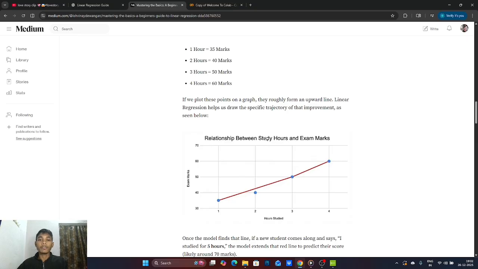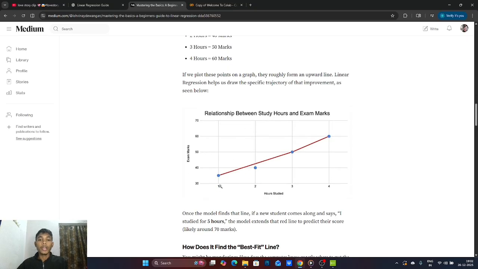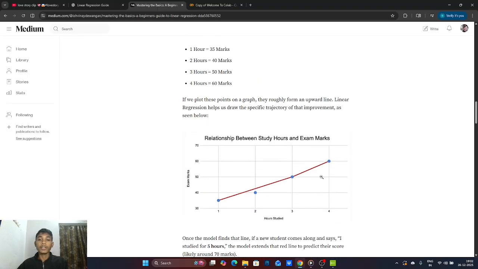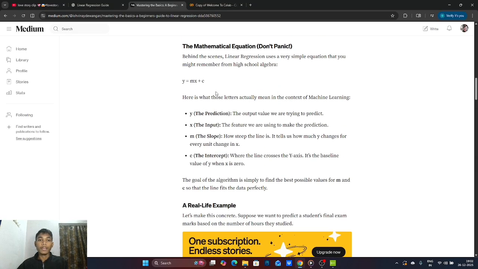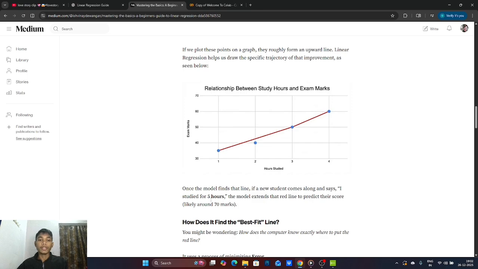So let's plot a graph like this. In 1 hour, 35 marks, 2 hours, 40 marks, 3 hours, 50 marks, and in 4 hours, you will get 60 marks. So in 5 hours, how many marks will he get? We will use the formula y equals mx plus c and we will get the answer. In 5 hours, he will get 70 marks.